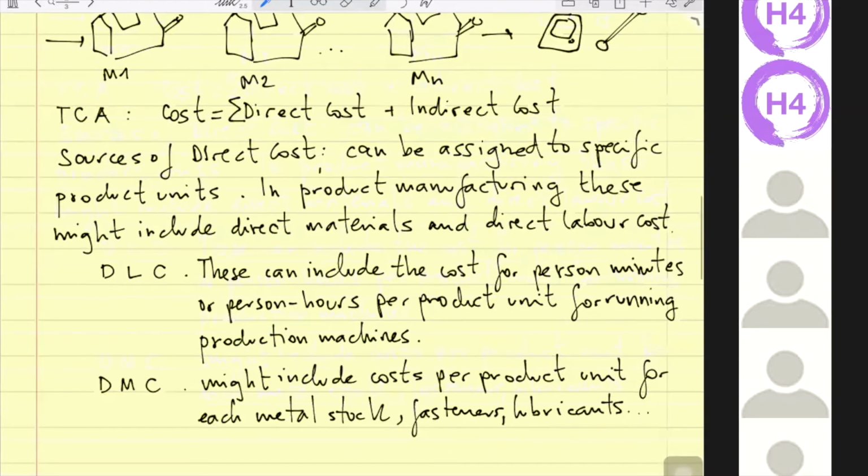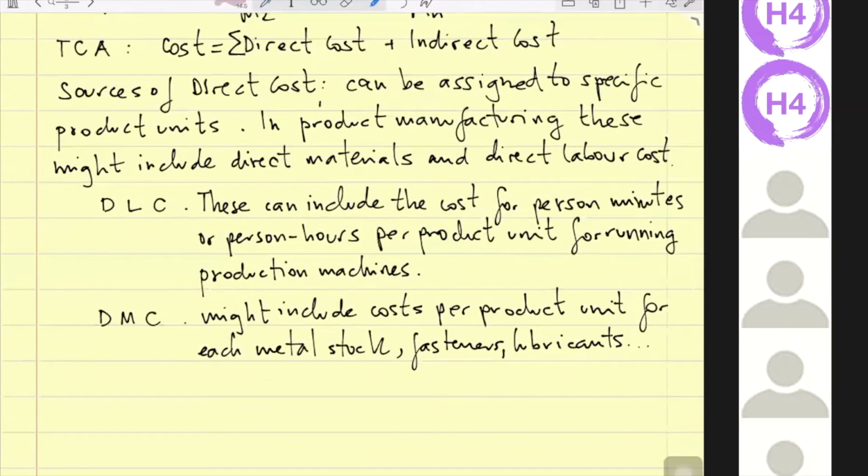Okay. So these are the sources of direct cost. Sources of indirect cost.